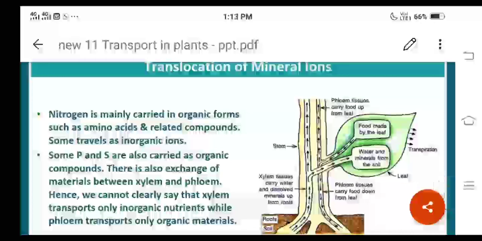Okay, and these are the two important concepts we discussed here. One is uptake of mineral ions, and the second one is translocation of mineral ions. In the first part, the uptake of mineral ions, the minerals present in the soil are uptaken by the roots.